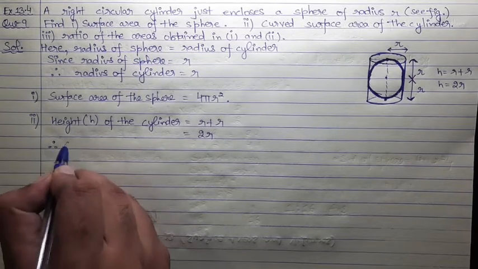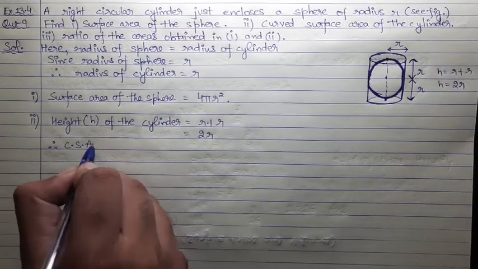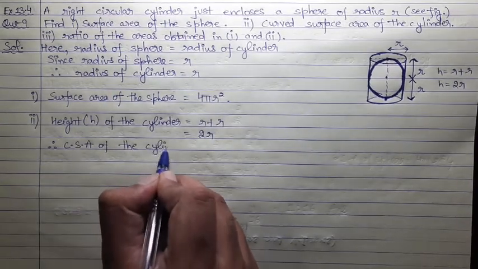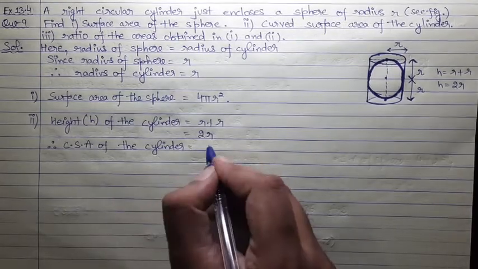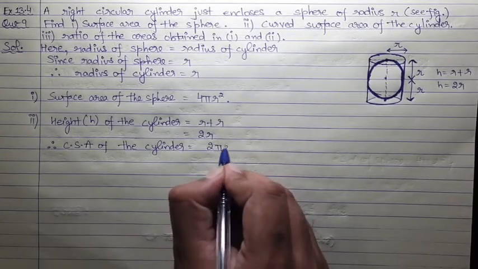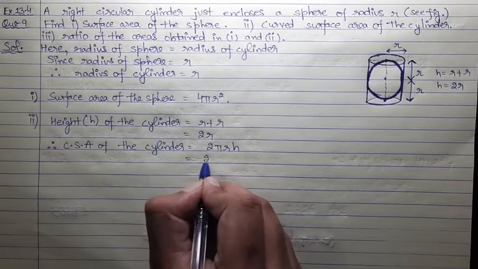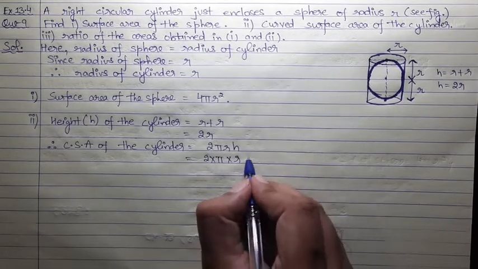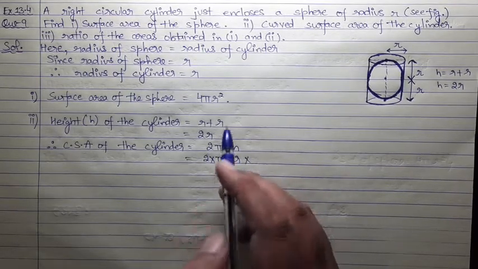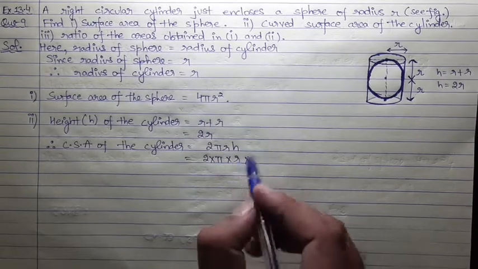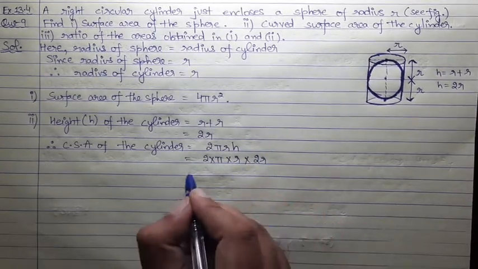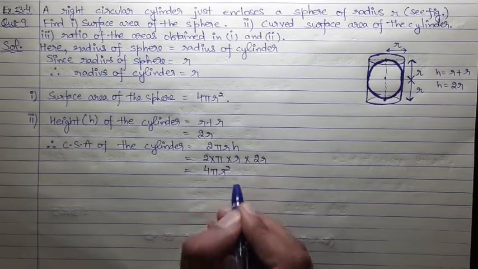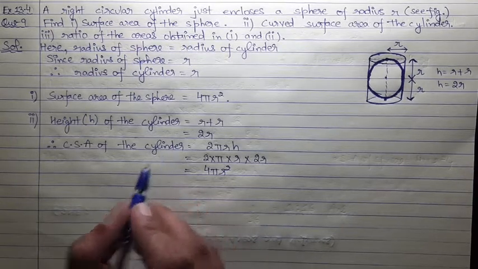Therefore, curved surface area of the cylinder is equal to 2 pi r h, so 2 multiply pi multiply r, because radius is r and height is 2r. When we solve it, we get 4 pi r square, the curved surface area of cylinder.